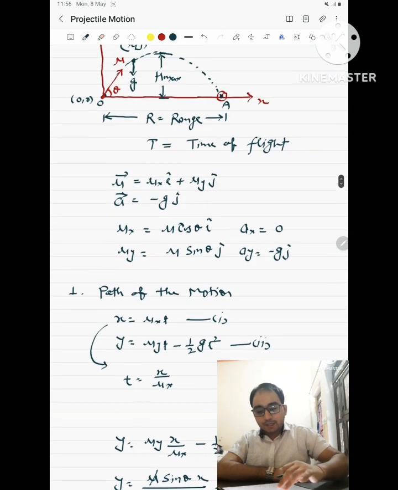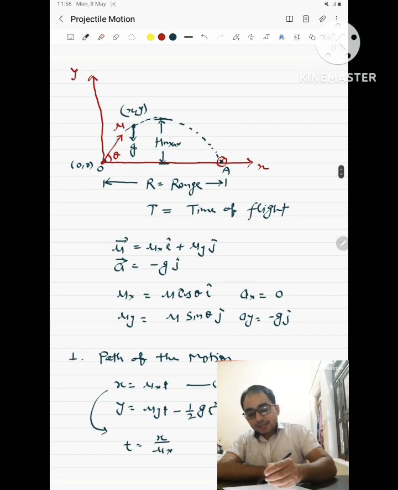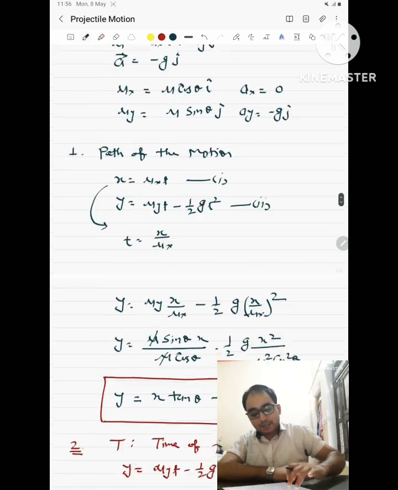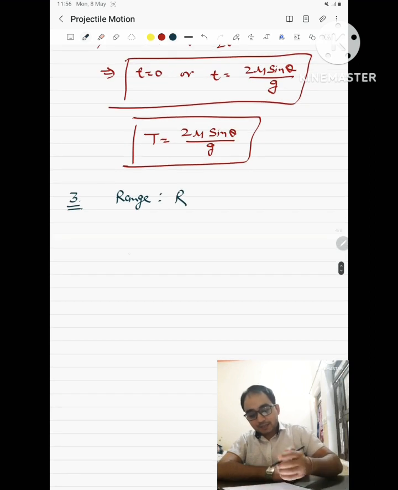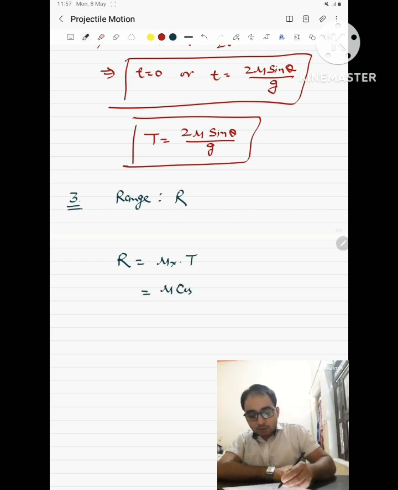So we can see that in x direction it is moving with the velocity of ux, and the total time of the projectile motion is capital T. So we can write the range as R equal to ux into T. Ux is u cos theta and T is 2u sin theta upon g.